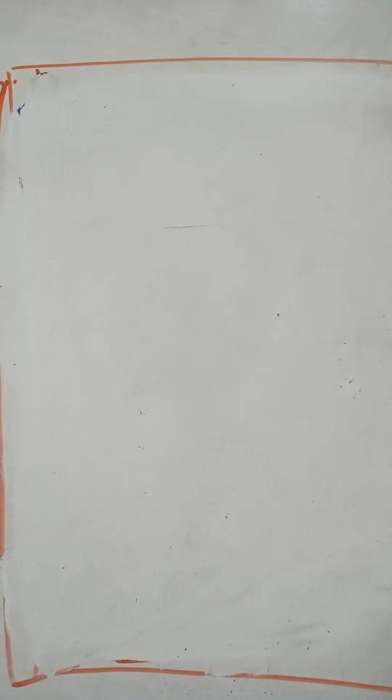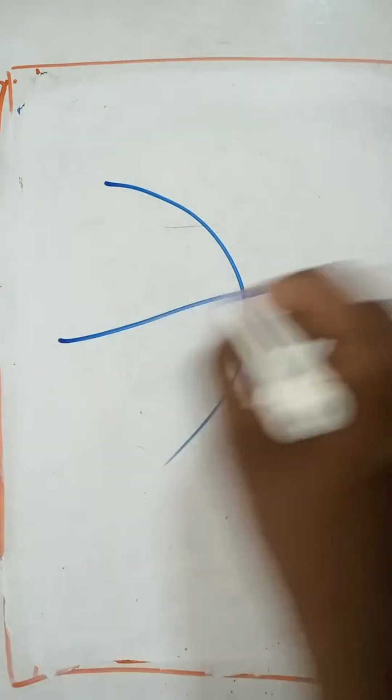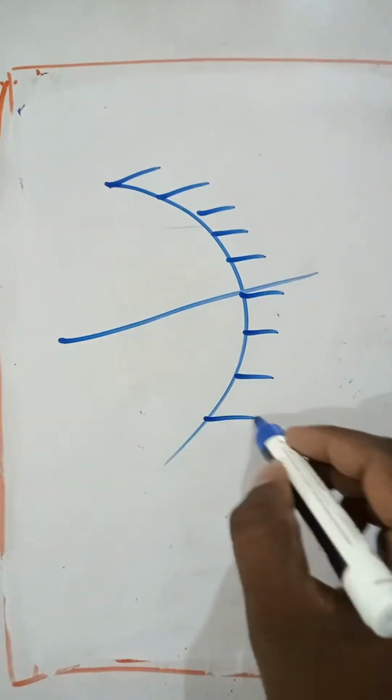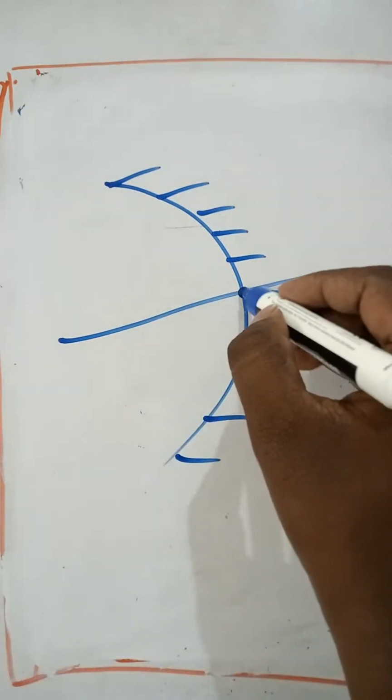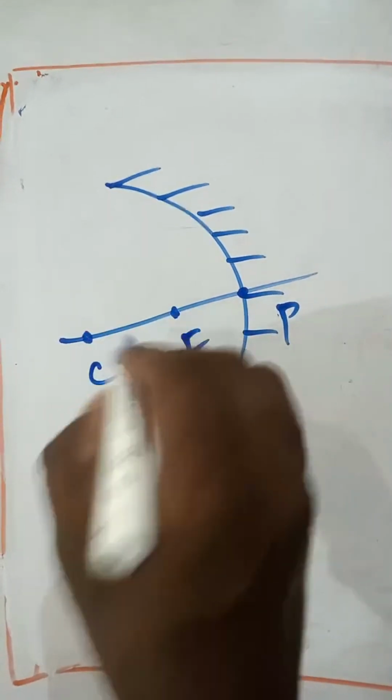Generally, the rays which are very close to the principal axis are called paraxial rays. So I am taking this concave mirror: pole, focus, center of curvature.